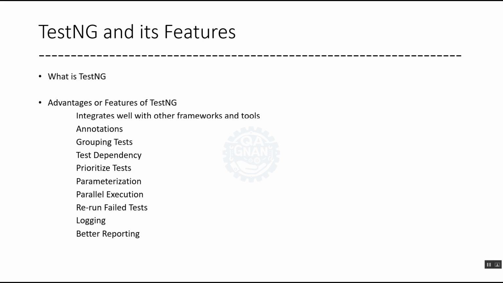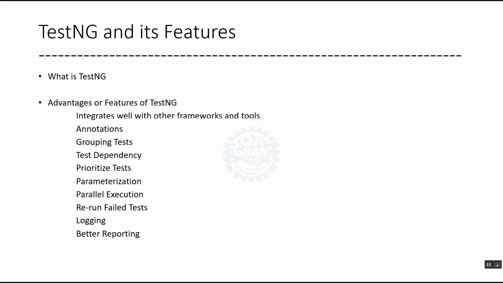TestNG is often considered the better choice over JUnit, and TestNG allows us to write and organize test cases, execute test cases, and generate detailed test reports by supporting a variety of testing types or categories like unit testing, functional testing, end-to-end testing, integration testing, etc.